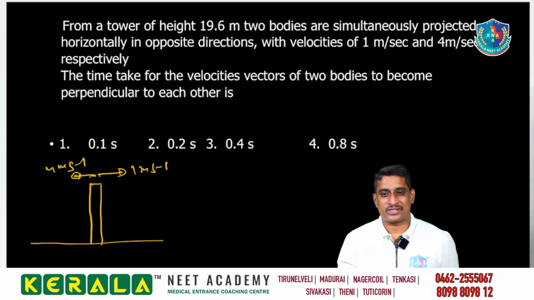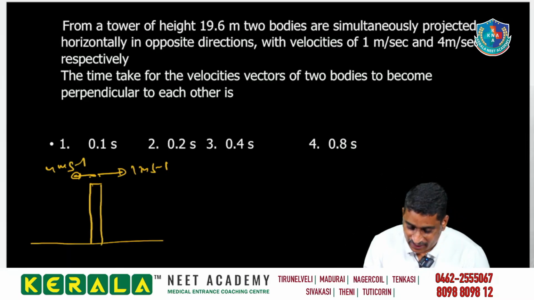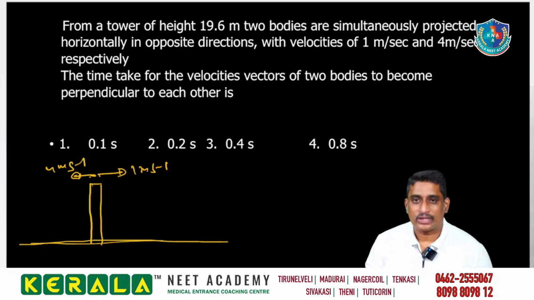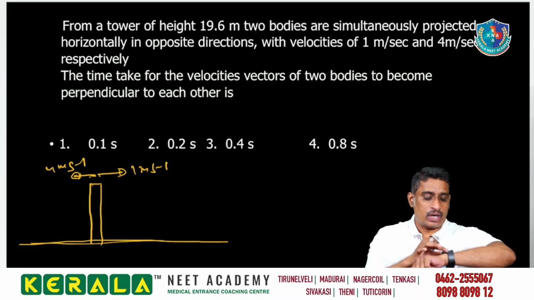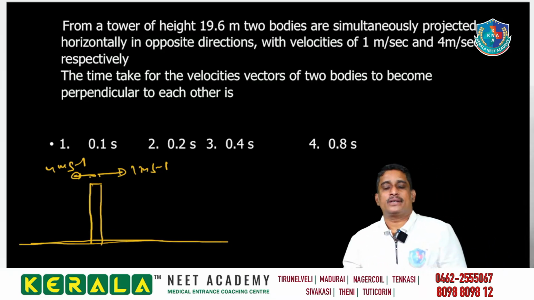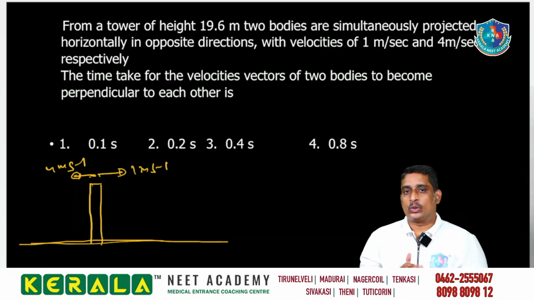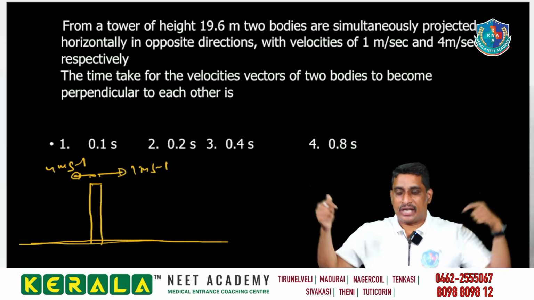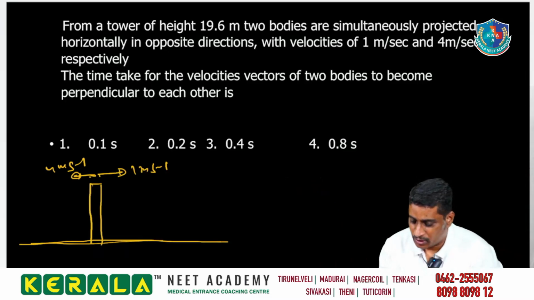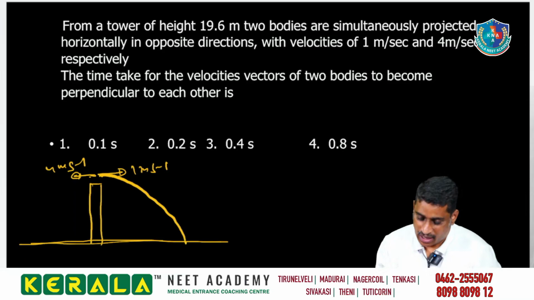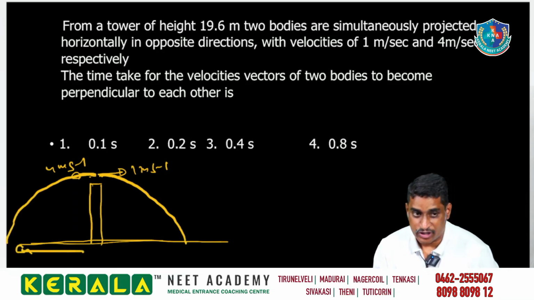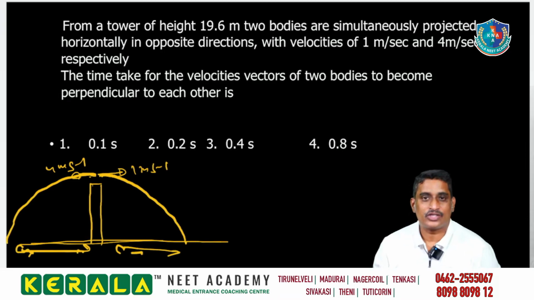Very interestingly, we know that when a particle is projected horizontally from the top of the tower, the time taken by the particle to reach the ground will be the same, but they will cover different ranges. One will move in a parabolic path of some range like this. The other will move in a parabolic path of more range. This range will be more in comparison to this range.